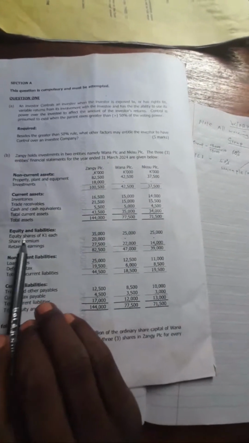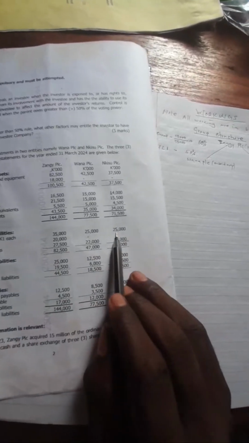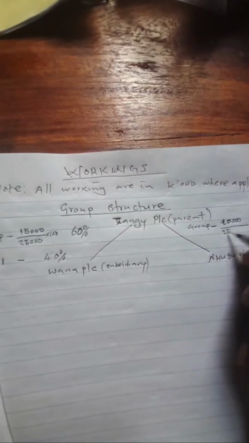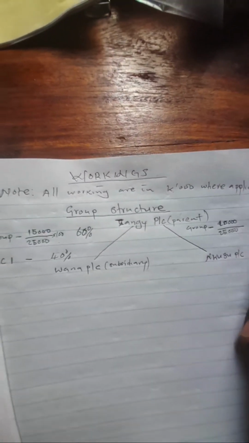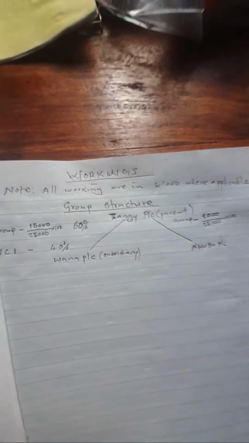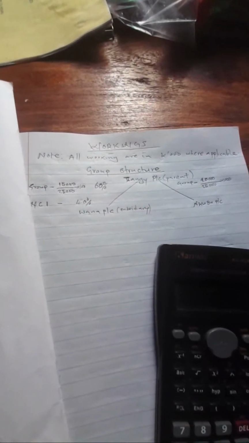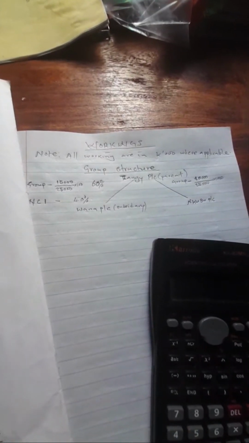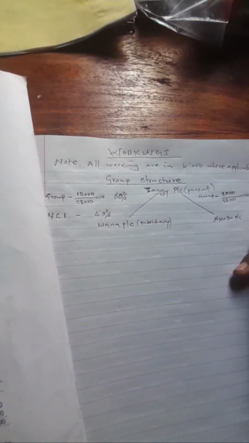When you come on the shares, it is having 0.5 also. So you go there and put 25,000, times 100. So our controlling interest here is 10,000 divided by 25,000, which is going to give us 40%. So we have already actually determined that Nkusu is an associate.